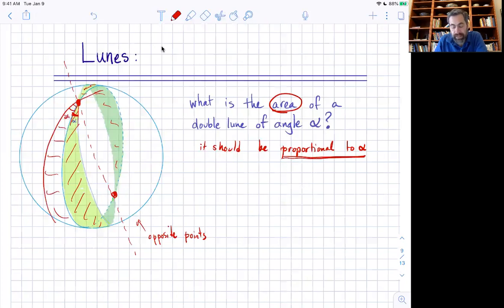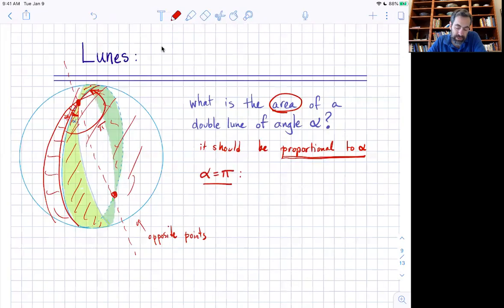Now all I have to do is figure out one example that I actually know, and then I'll know what it is all the time. The easiest example is when alpha equals pi. That means you've started over here with 1 great circle, and you've rotated all the way by pi, so the second circle is the same circle again, and the loon is the entire hemisphere between them, and the other loon is on the other side.